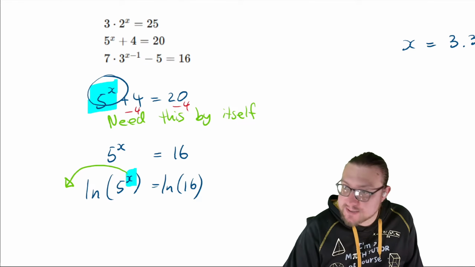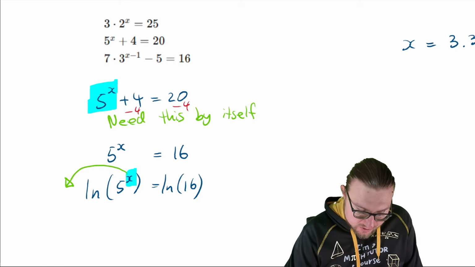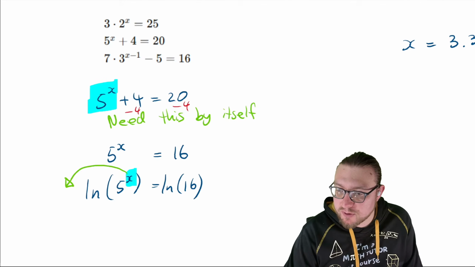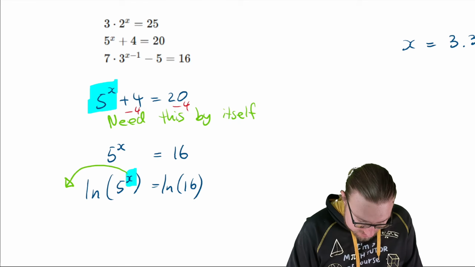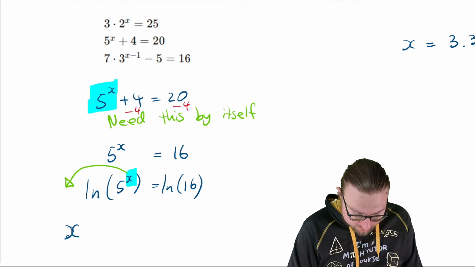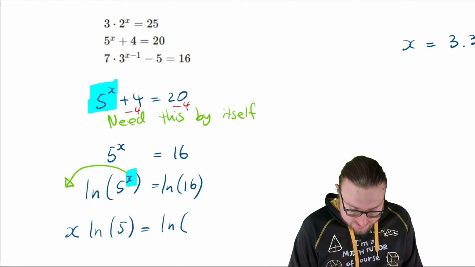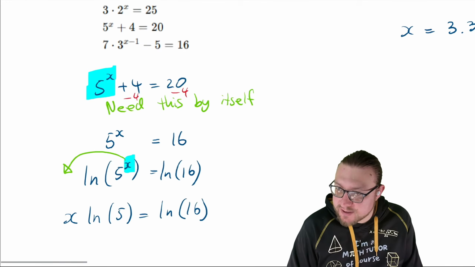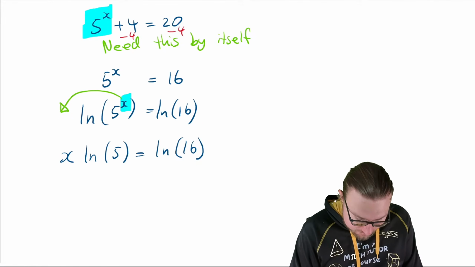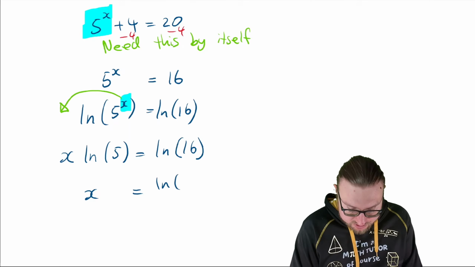The minute you've got something that is a variable in the numerator, you separate it, log on both sides, and then solve it. The power becomes in front, just like all the other questions. And what's the next step? Well, just like all the other questions, ln 5 is a number, so we're just simply going to divide by it.